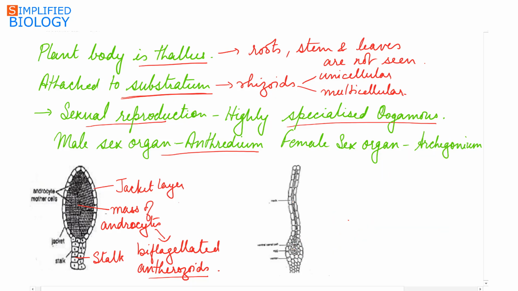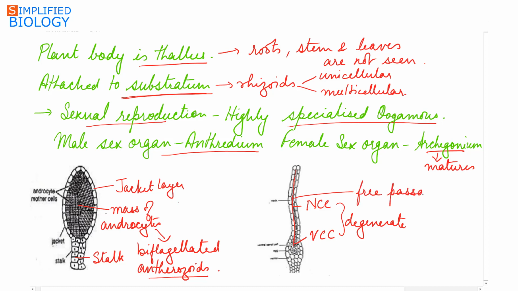Now, when an archegonium matures, the venter canal cell and the neck canal cells degenerate, due to which a free passage is formed. Mucilage and some chemical substances ooze out of the tip of the neck that attract the antherozoids.